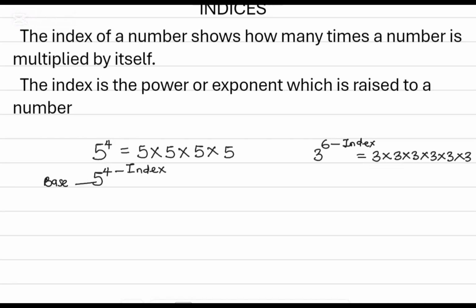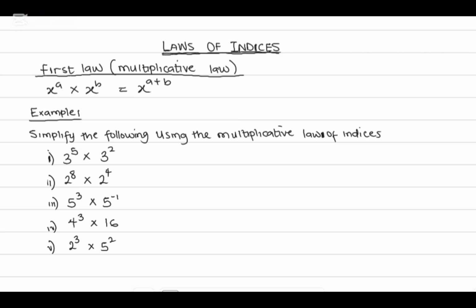Indices is governed by several laws, so we shall be considering the laws of indices. Law number 1, which says x raised to power a multiplied by x raised to power b is equal to x raised to power a plus b.